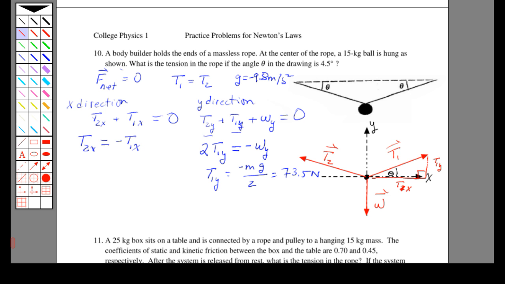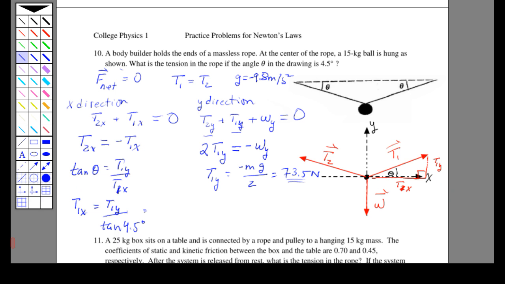So if I look at the tan of my angle theta, that should equal the ratio of T1y over T1x. So I can solve for T1x, and that's just T1y over tan of theta, which is 4.5 degrees.